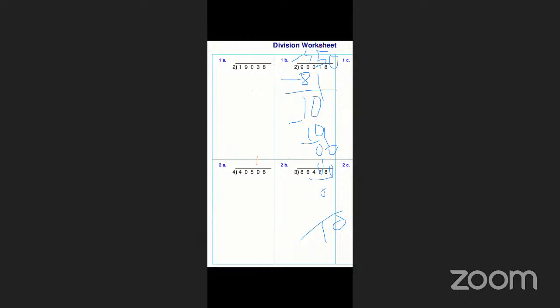Then you pass down the 1. Okay, so 1 you cannot multiply by itself, so you have to put 18. So 2 times 9 gives you 18. 18 minus 18 is 0. Okay, you still got 45009.